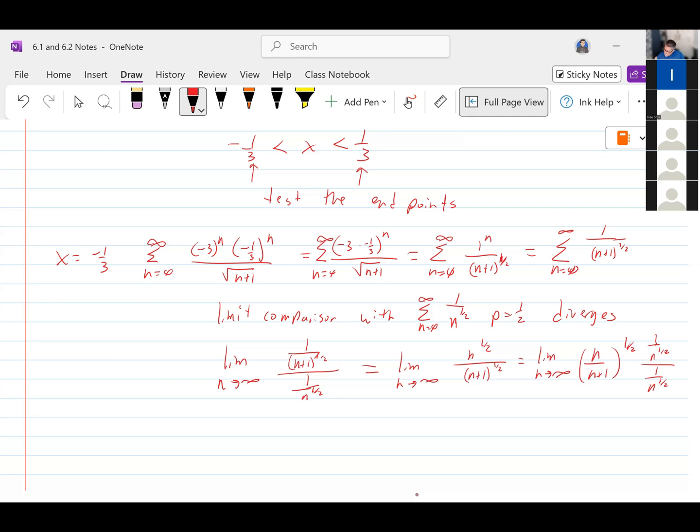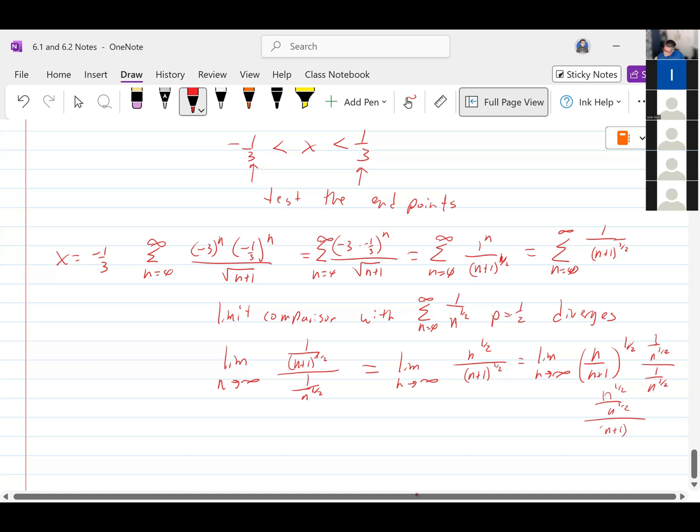And so I get n to the 1/2 over n to the 1/2, all over n plus 1 to the 1/2 over n to the 1/2.